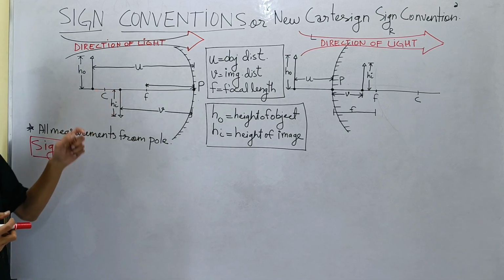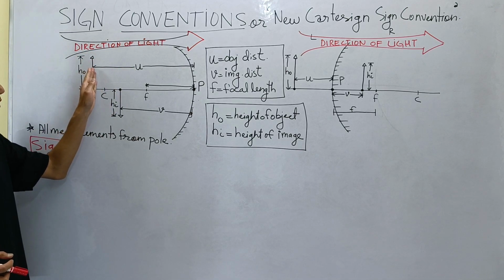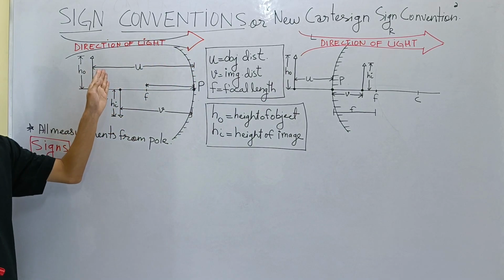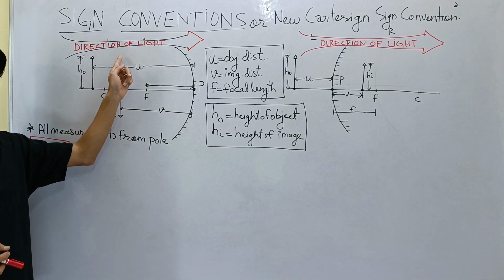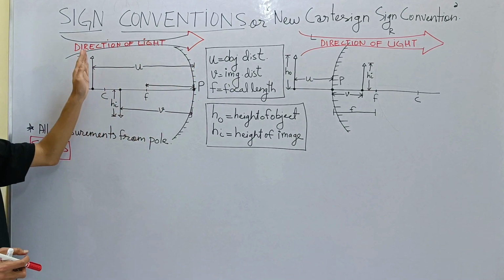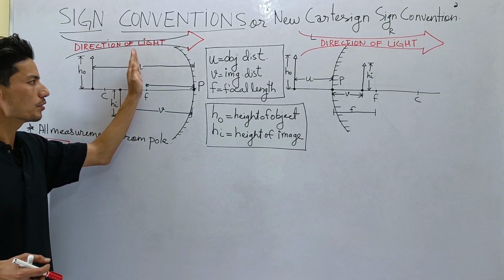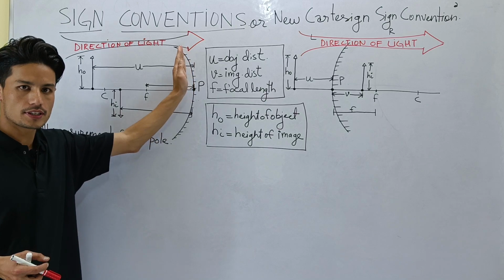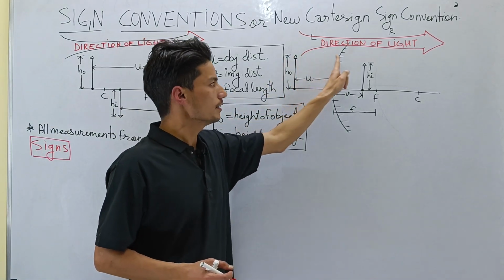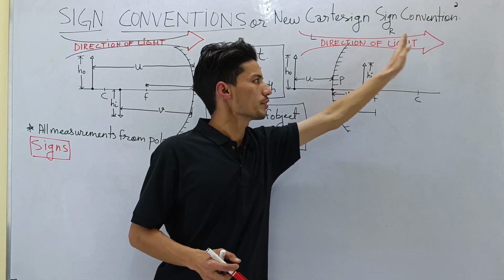Now remember class that direction of light is always from the object to the mirror and never from the mirror to the object. I repeat once again, direction of light is always from the object to the mirror. That means light first falls on the object, then only will light fall on the mirror. In both the cases this is the same. Light first falls on the object, then on the mirror, then it continues its journey, wherever it has to go.